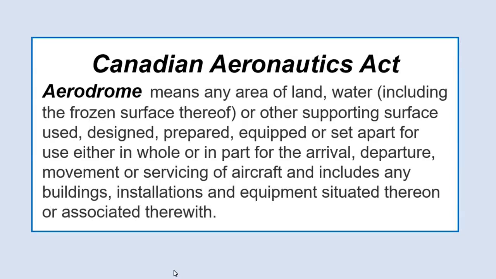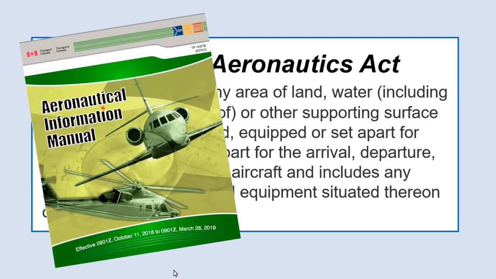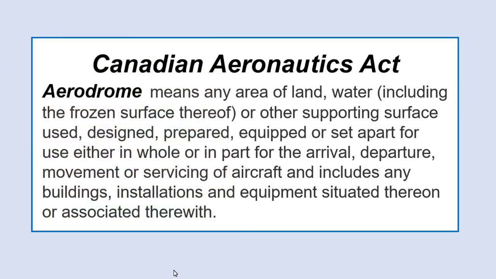So let's begin by understanding the official definition of an aerodrome. Aerodrome is actually defined in the Canadian Aeronautics Act and can also be found in the AIM document, the Aeronautical Information Manual.